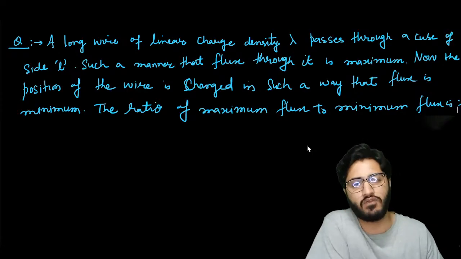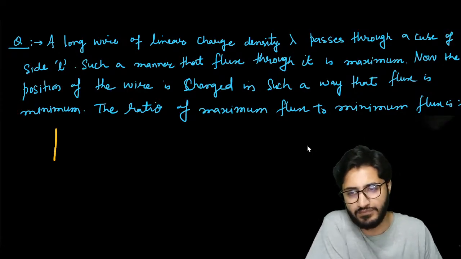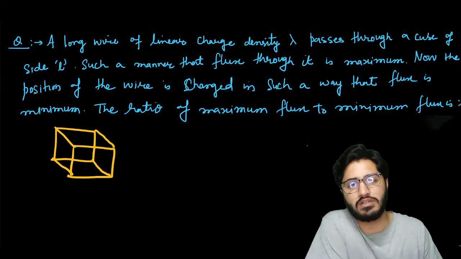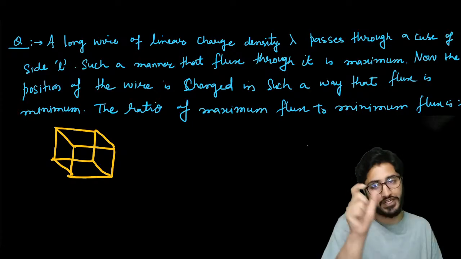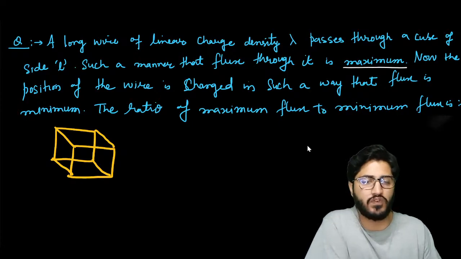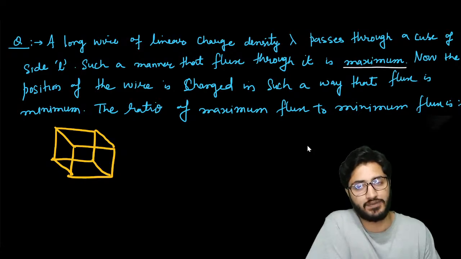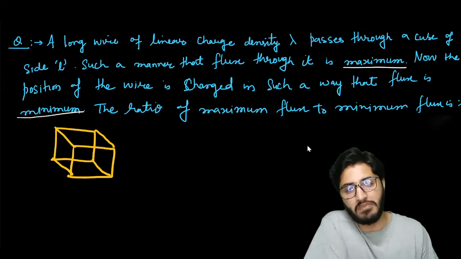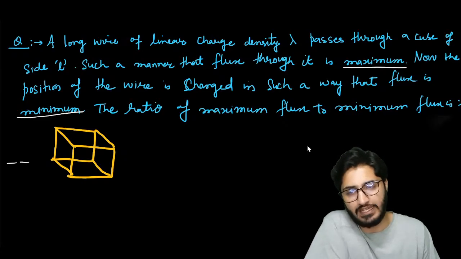So first of all, we have to make a diagram. Okay. So if this is my cube, you need to think about the longest side and the shortest side. Look, for maximum flux, we need the longest side. For minimum flux, we need the minimum side. So for minimum, we can have a rod like this.